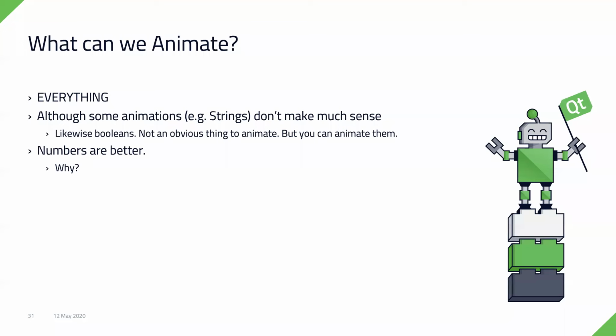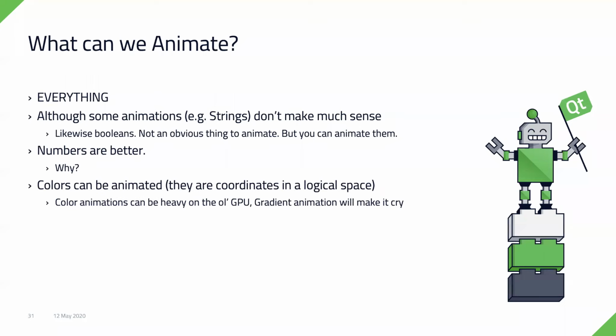Numbers are a lot better to animate, and the reason for that is because when we animate something, we give it a duration, a value where it starts and a value where it will end, and we're basically calculating the points along that line. That's why a number is always going to be better. Integers perhaps not so good, but a real number for sure.